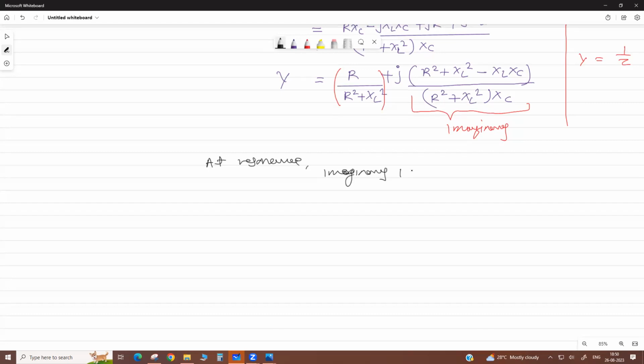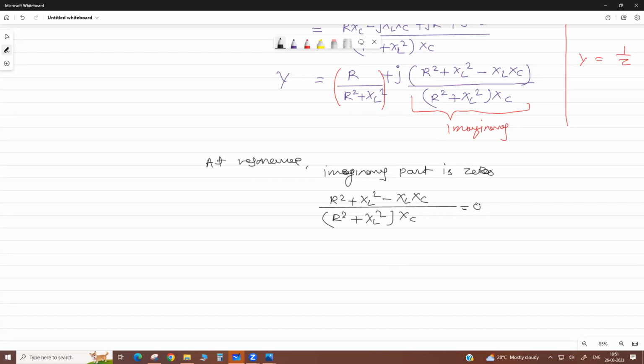The imaginary part is 0. The imaginary part means R square plus XL square minus XL XC, divided by (R square plus XL square) XC, this portion equals 0.